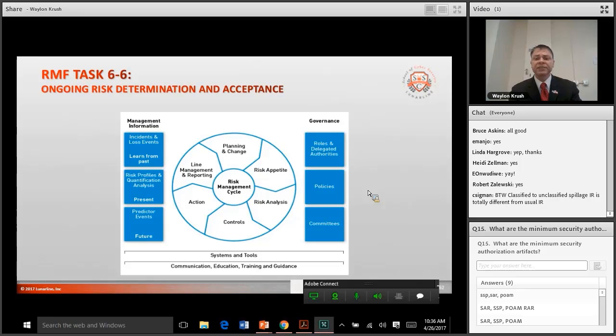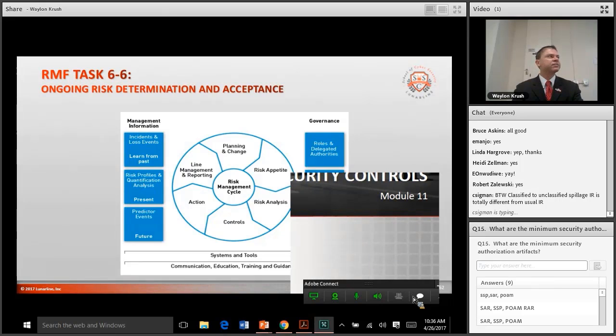It says, by the way, classified to unclassified spillage IR is totally different from your usual IR. Good point. Well, anything with NSI, National Security Information, has a completely different process. If you have a high to low transfer, you'll try to delete what was spilled.